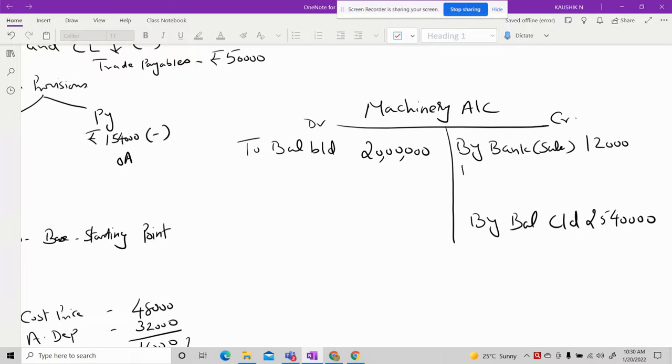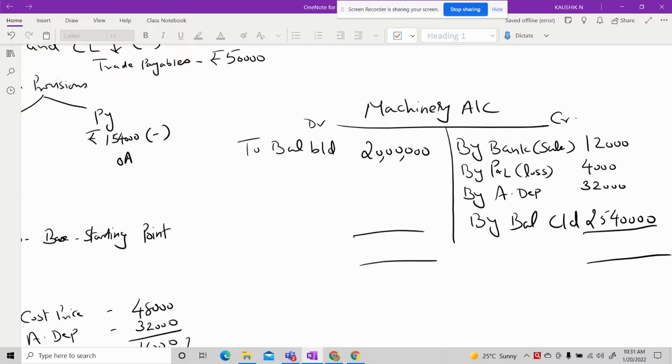So by P&L, you can write it as loss, value of rupees 4,000. And of course the accumulated depreciation, by accumulated depreciation, the value was 32,000. Any doubt up to this stage? No. So we have brought almost everything which is required in the machinery account.